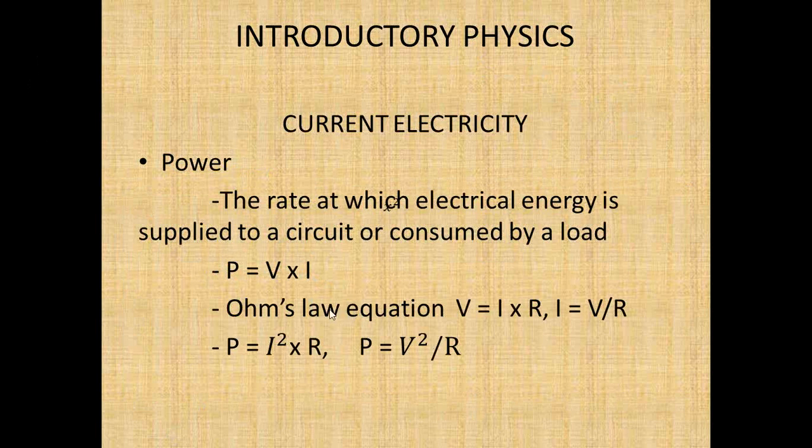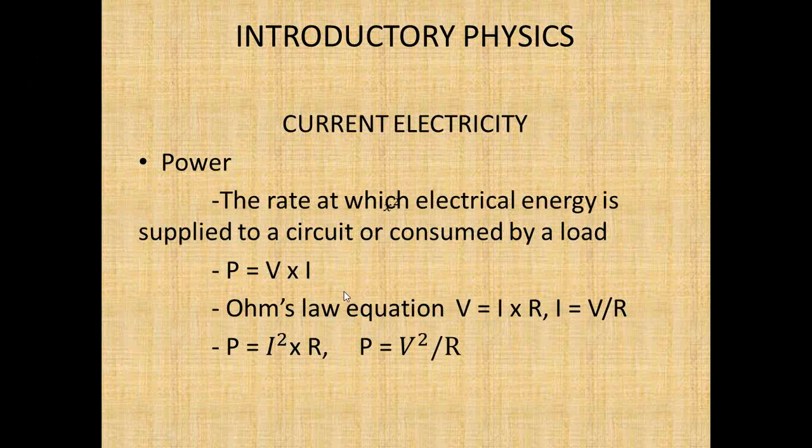And we can use the fact that Ohm's law states that the voltage across 2 points is equal to the current flowing between those 2 points times the resistance. If we rearrange it, then current is equal to volts divided by resistance. So if we plug it into this equation, V is equal to IR, so we get power is equal to I squared times R, where I is the current.